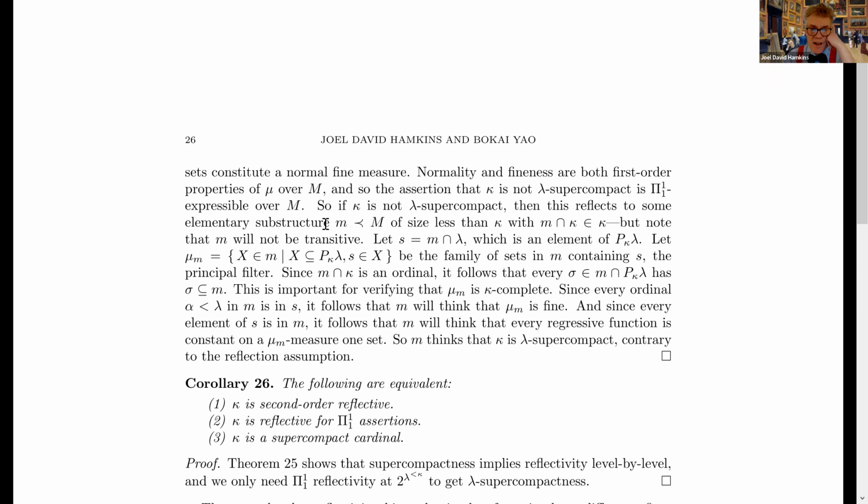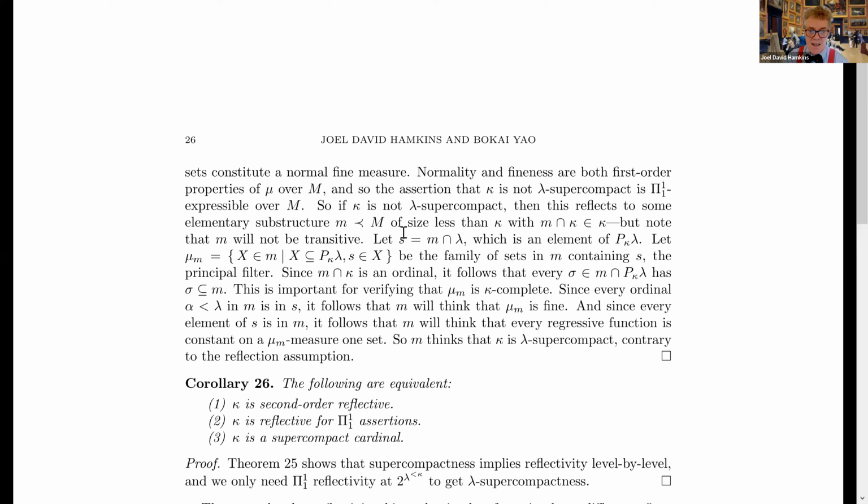Okay, and so now, therefore, if kappa isn't lambda supercompact, then that second order property would reflect. So let's take a first order elementary substructure of size less than kappa whose intersection with kappa is an ordinal. And then this is this tiny thing. We can let S be its intersection with lambda, which is an element of p kappa lambda.